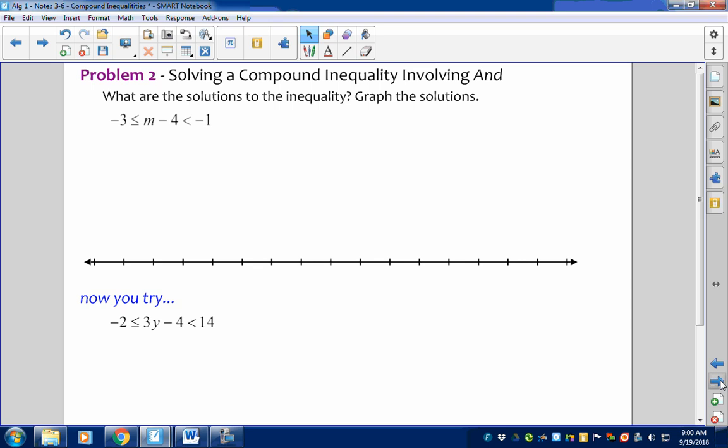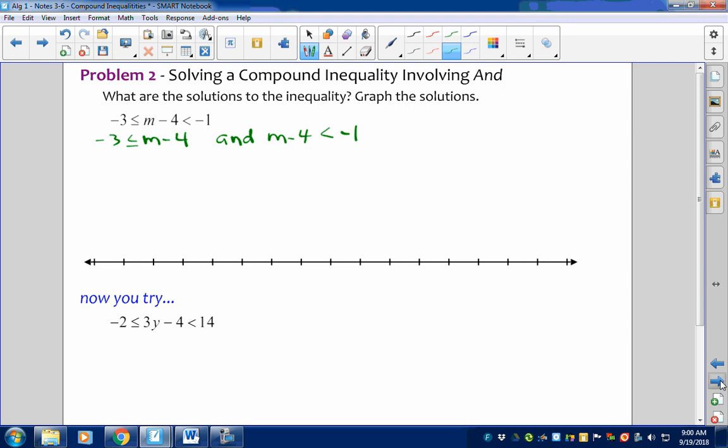Alright, now here's a compound inequality that we're going to solve. We're going to solve this first and then go ahead and graph it. So if I break this out, here's what this says. This is -3 is less than or equal to m minus 4, and m minus 4 is less than -1.